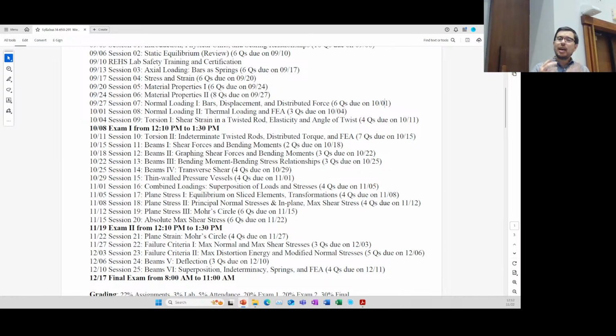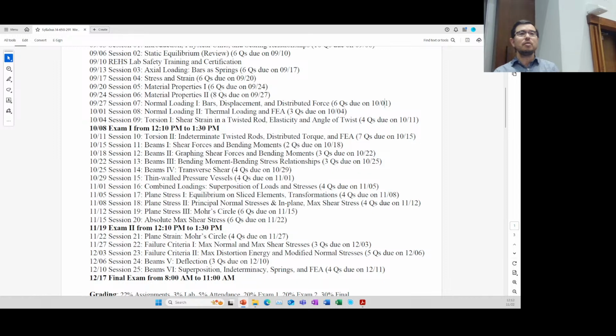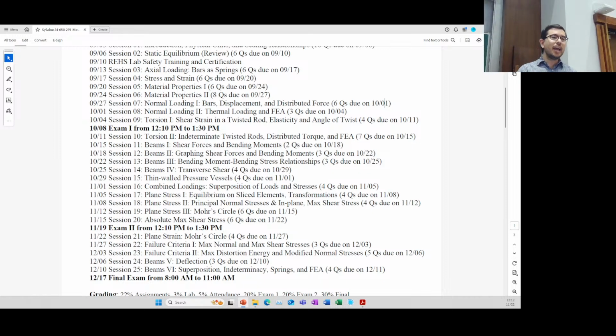So after that, we'll go back to beams. So we have beams 4 and 5, where we'll finally, did you notice maybe you didn't notice, but for bars and for shafts and rods, we have that equation that delta is equal to the integral of P dx over EA, right? And we have that integral of the angular rotation is equal to the integral of T dx over JG, right?